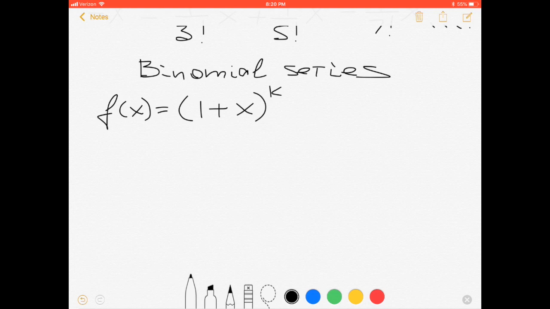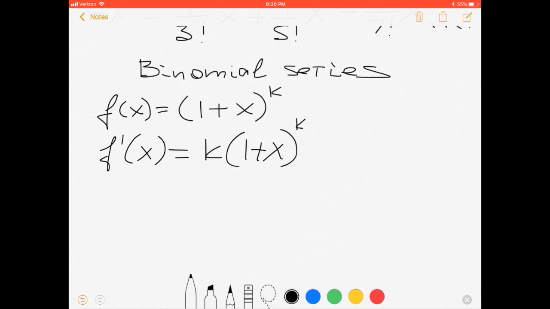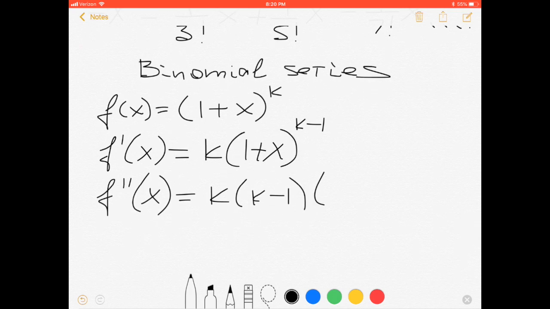Let's find a couple of derivatives here. First derivative will be k times (1 plus x) to the power k minus 1. Second derivative will be k times (k minus 1) times (1 plus x) to the k minus 2.